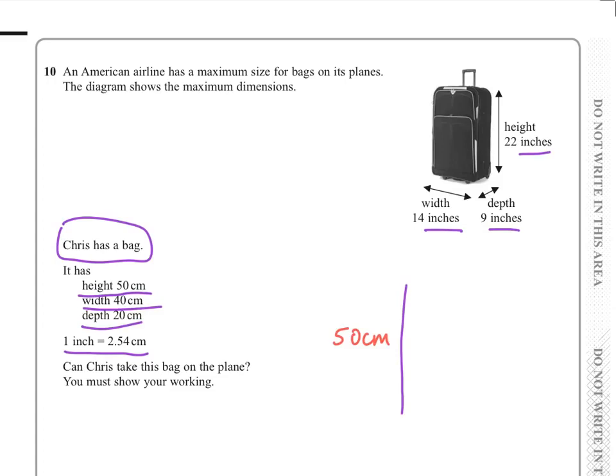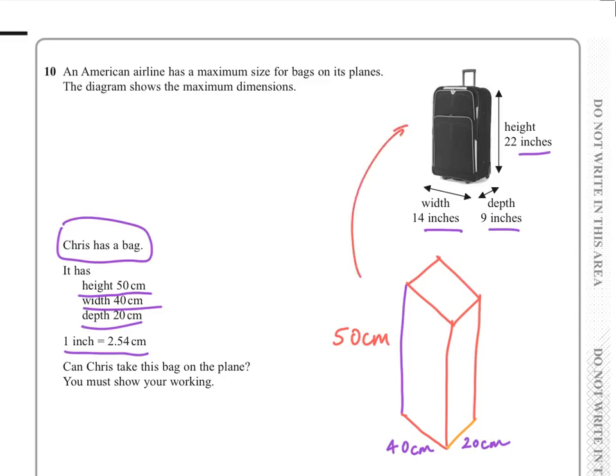We have a width of his bag which is 40 centimetres. And there's a depth of 20 centimetres. So, finishing the diagram, that's what Chris's bag would be. Now we've got to see how that matches up with this diagram here.